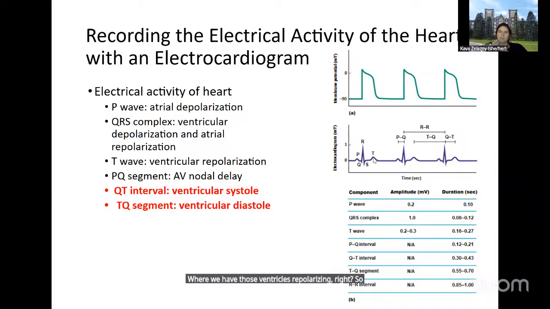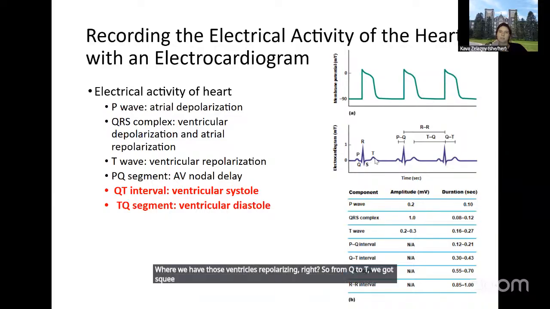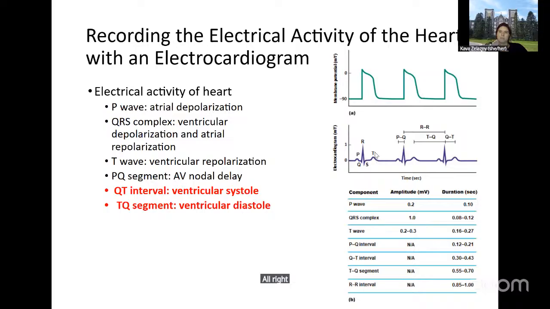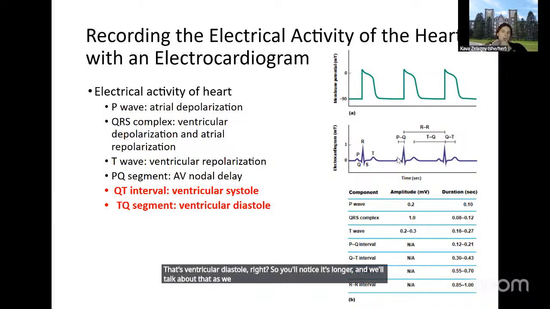So from Q to T, we've got the heart squeezing. Then from T all the way back to Q on our next little section of our electrocardiogram, this long flat part, that's ventricular diastole. You'll notice it's longer, and we'll talk about that as we talk about the cardiac cycle, but that's the relaxed part of your heart.